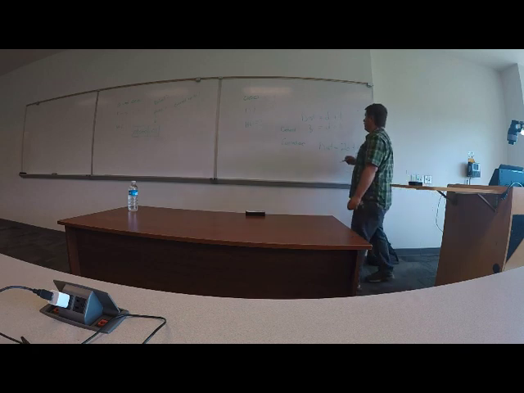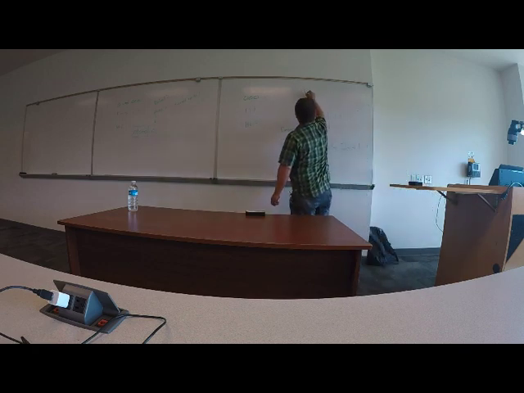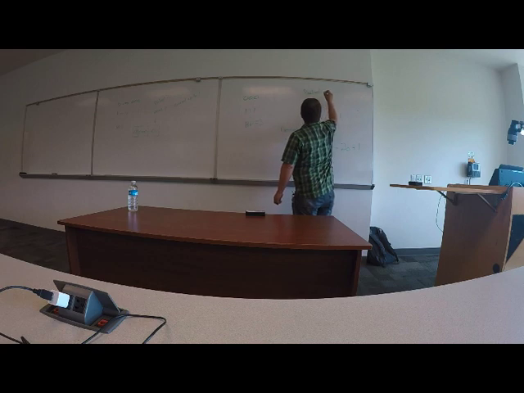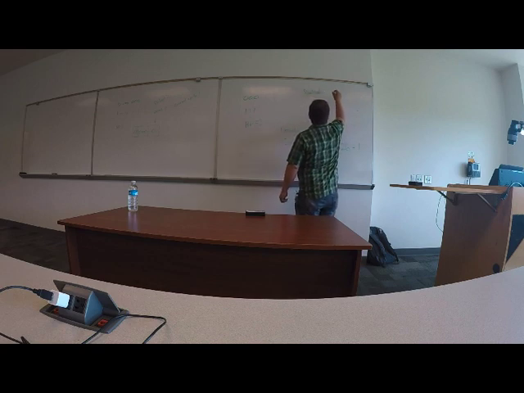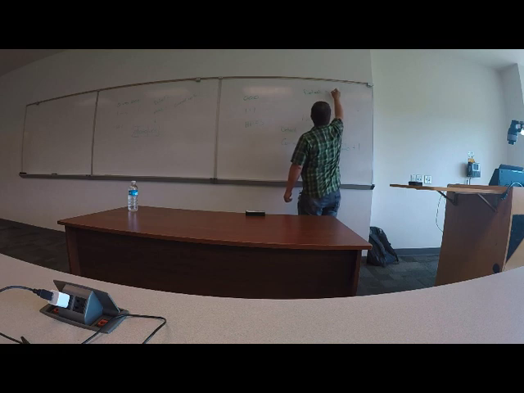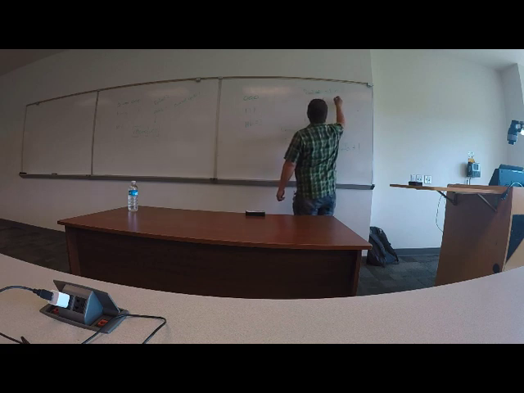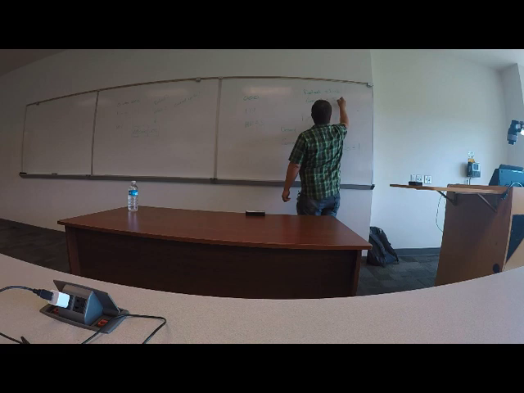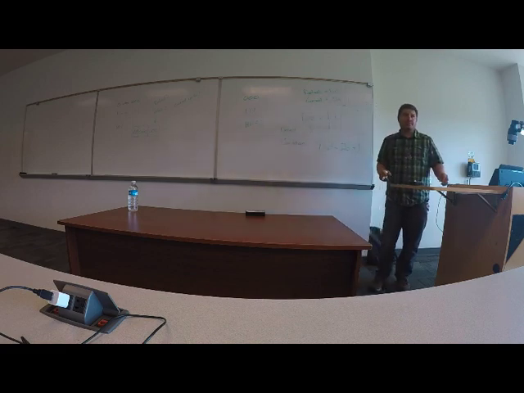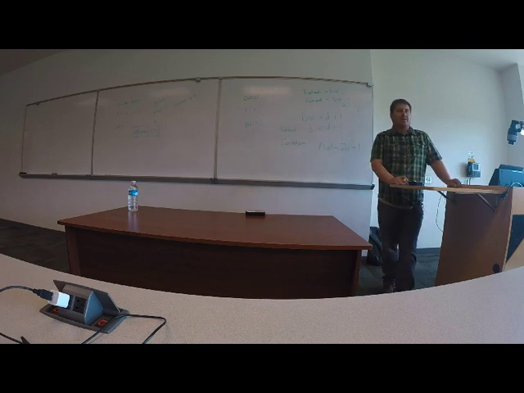And obviously, if you solve this, to detect equals distance minus 1, and to correct equals distance minus 1 over 2. And we can never get any better than that. So just like Nyquist and Shannon, these are theoretical maximums. We can't get any better.